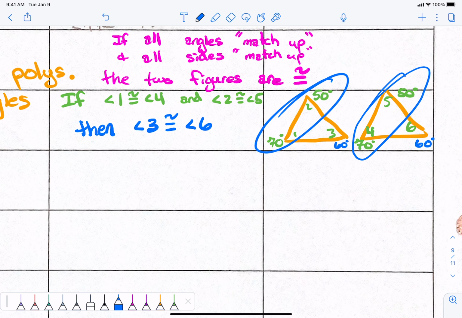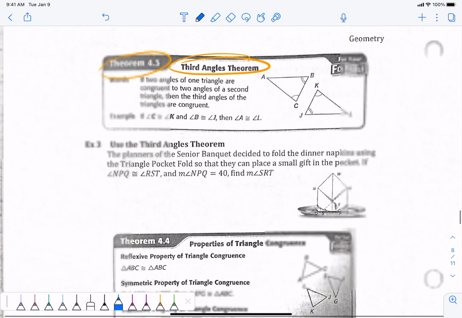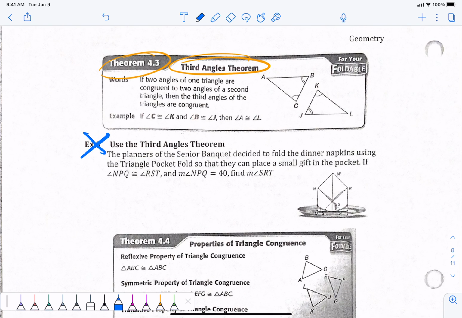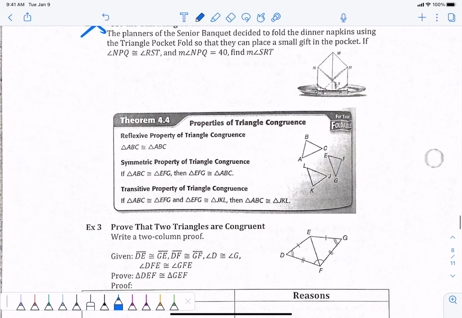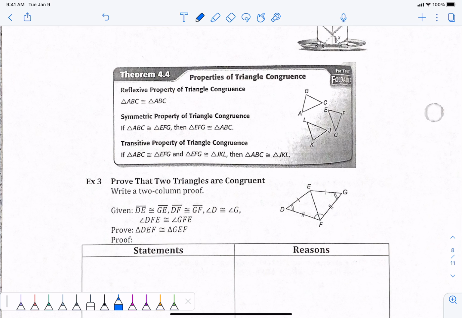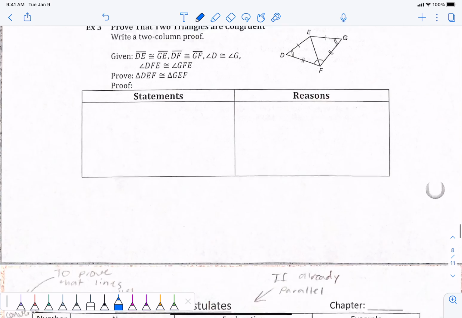Okay, good? All right, I'm going to skip example 3 and let's write some more things down. Let's go to theorem 4 quick. Let's do the reflexive, symmetric, transitive property. This is theorem 4.